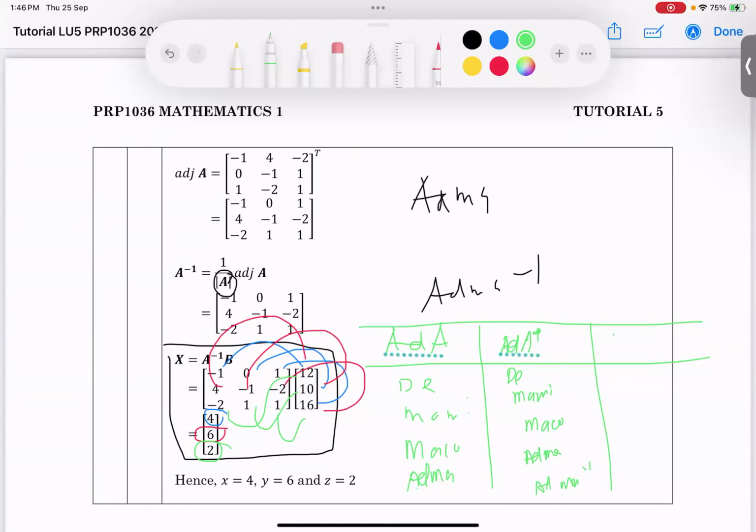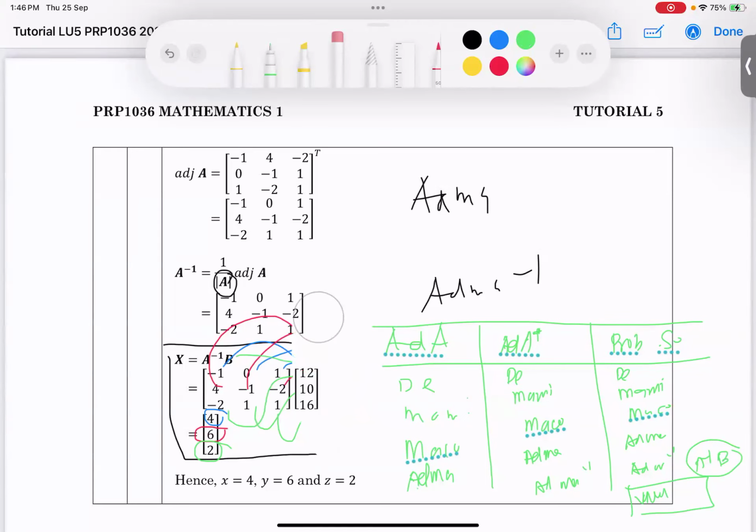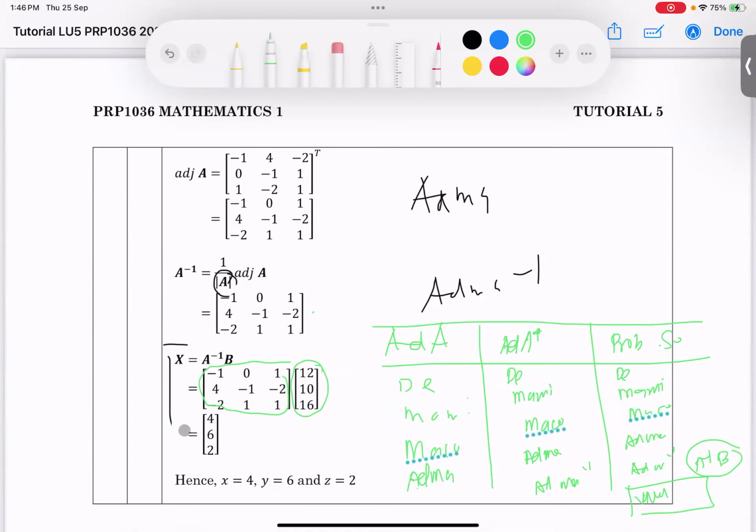But if the question is a problem solving question, you are going to do the determinant, matrix minor, matrix cofactor, adjoint matrix, adjoint inverse. Then finally, you find your value by putting this one and this one together. Remember, please make sure you put the right one. You find your final answer from here with this one, and then you get your answer like this.